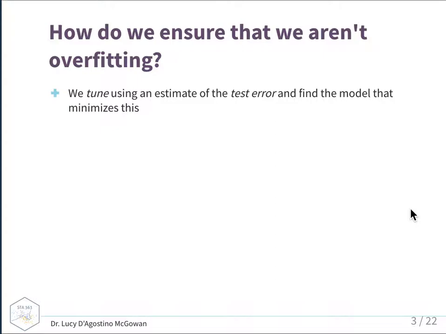But in particular, we're minimizing the error using an estimate of the test error rather than the training error. So we're not using the same data we use to fit our model to then assess how well the model does. Because of course, if we did that, we would just pick a very, very flexible model that essentially plays connect the dots between all of our training points.